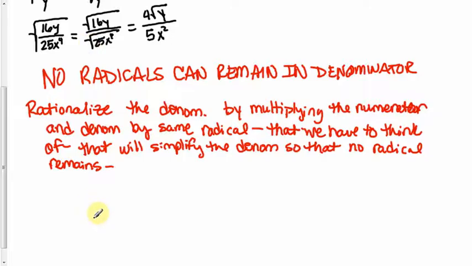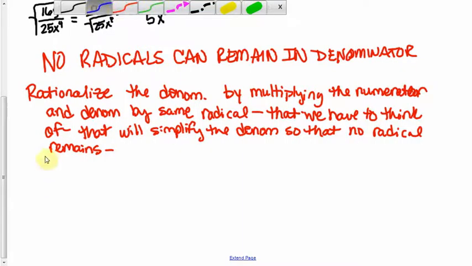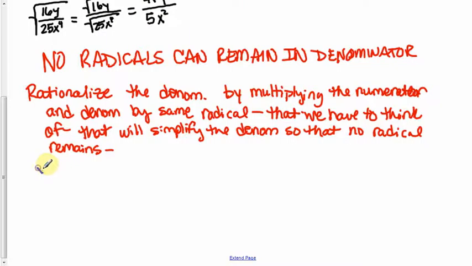Deep breath. Here we go. Oops, let me use a different color so that it doesn't blend in with my directions. So y over the square root of 5.